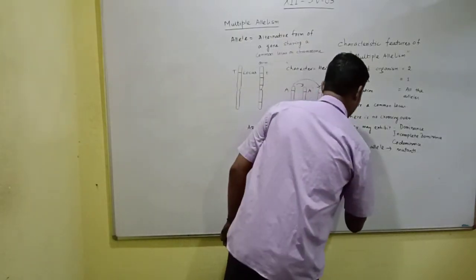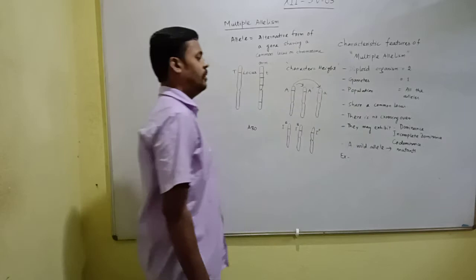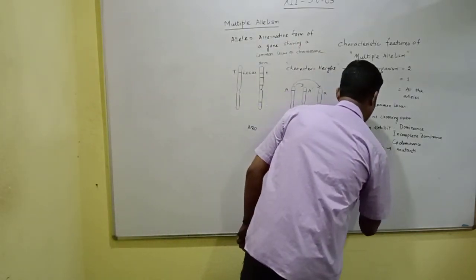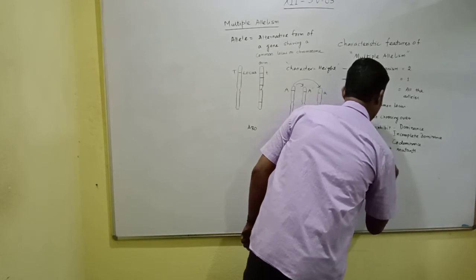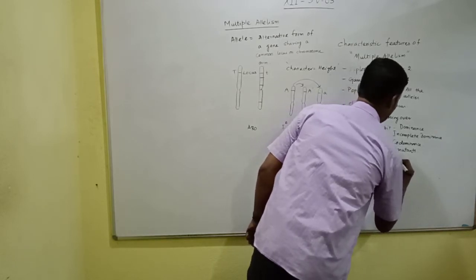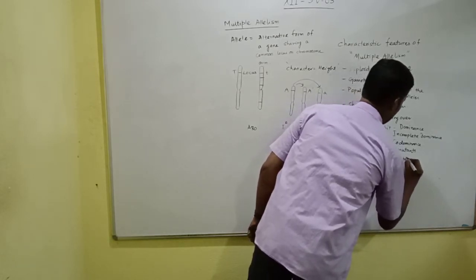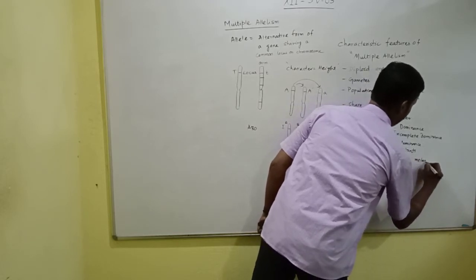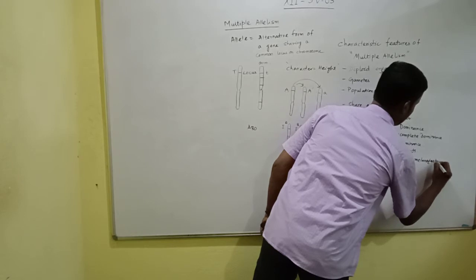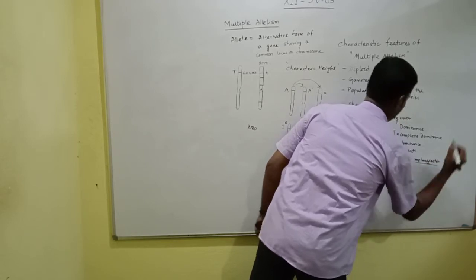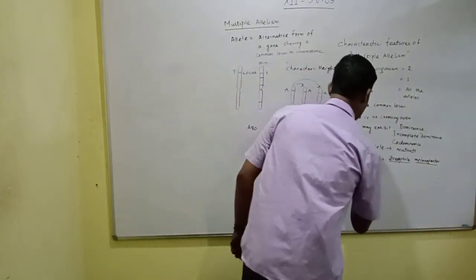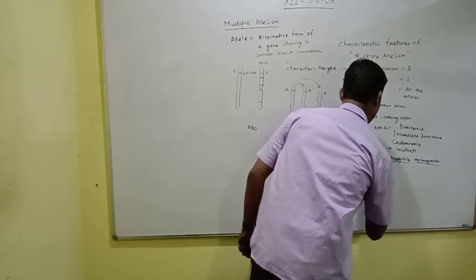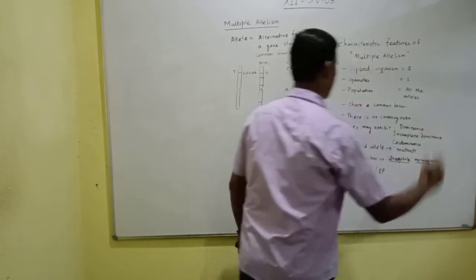Next, very important, are the examples. Even if you write everything else, you will not get full marks without them. So what are the examples? Eye color in fruit fly, Drosophila melanogaster. Next is the ABO blood group.